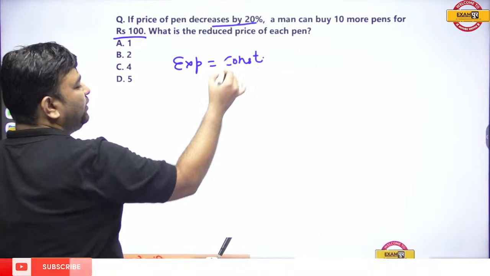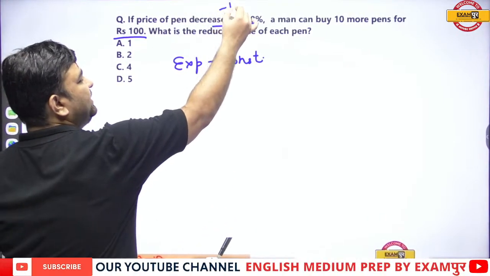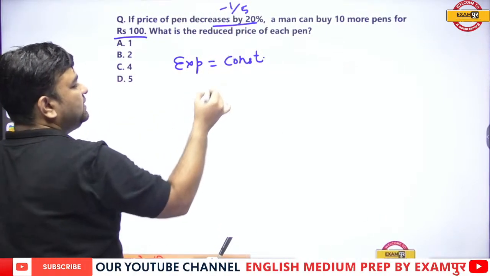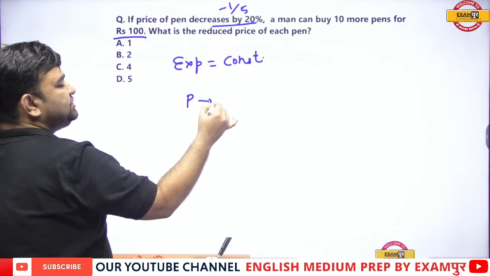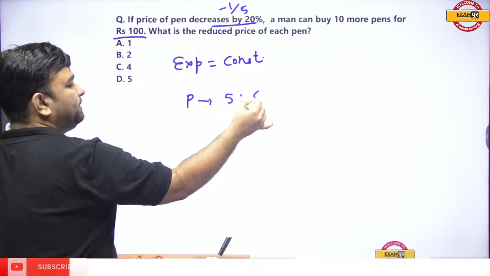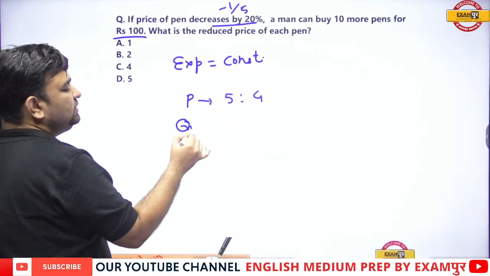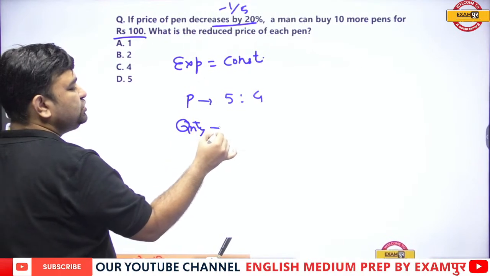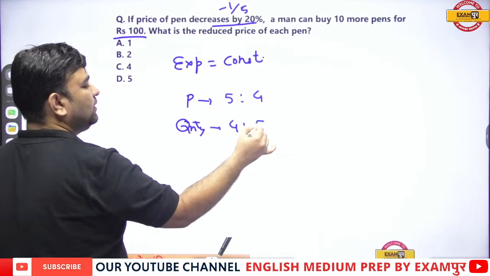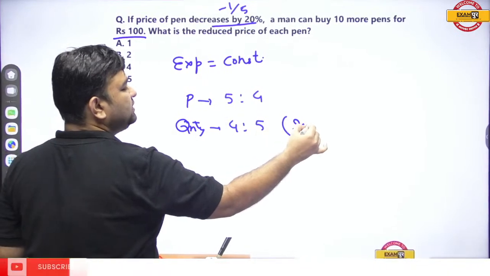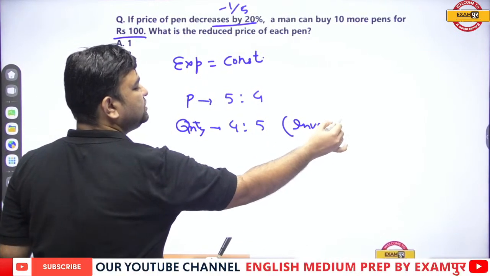Pen price decreases by 20%, which is a decrement of 1 over 5. So price has changed from 5 to 4, so quantity should have changed in the inverse ratio 4 to 5.